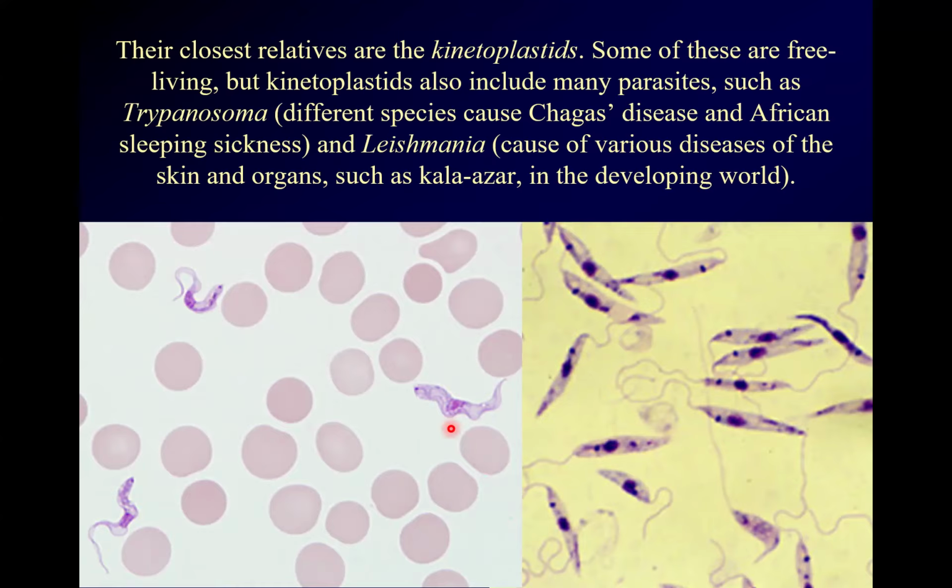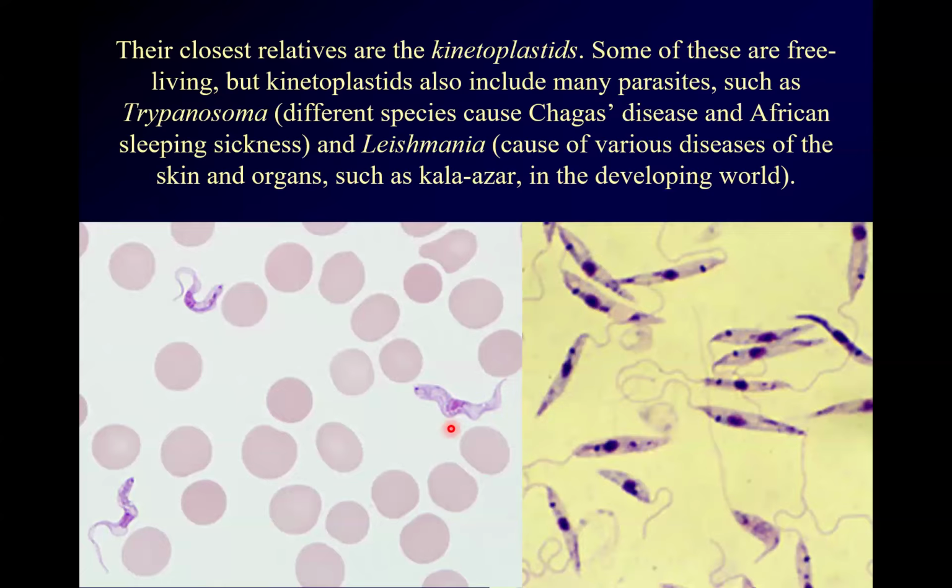But African sleeping sickness will get in the blood, will also get into your cerebrospinal fluid and cause confusion, lethargy, and disruption of the sleeping cycle, and ultimately death. Trypanosoma cruzi from South America, you get from the bite not of a fly, but of a blood sucking true bug called triatoma. And that causes a chronic disease called Chagas disease.